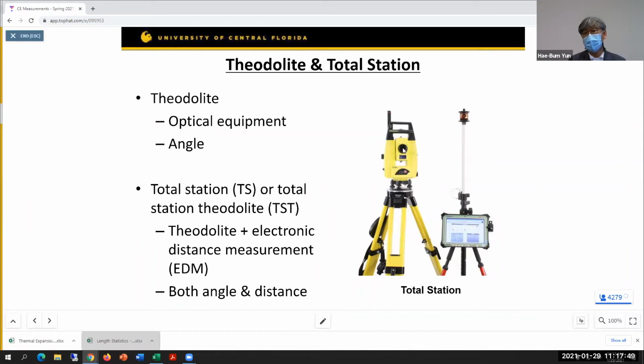So it has a laser distance equipment, and you can measure the distance at the same time that you measure the angle. In our lab, we don't have a total station. We only have a theodolite.